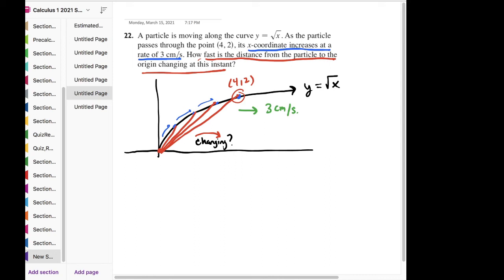Anyone? Increases at a rate of is always what?